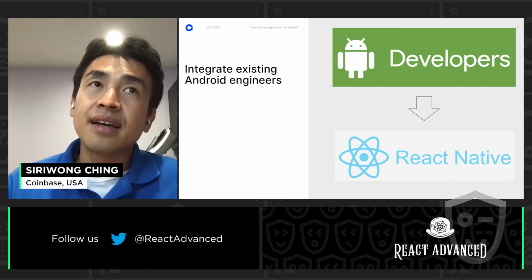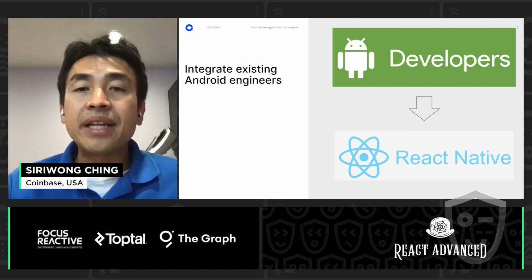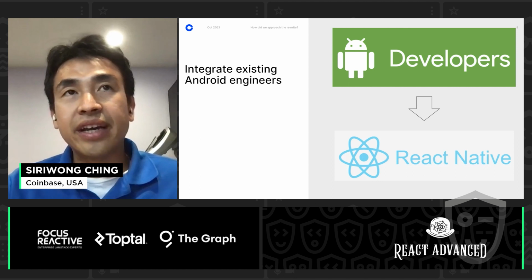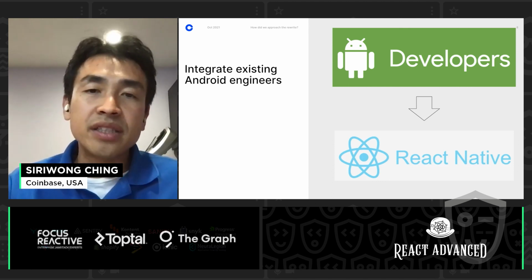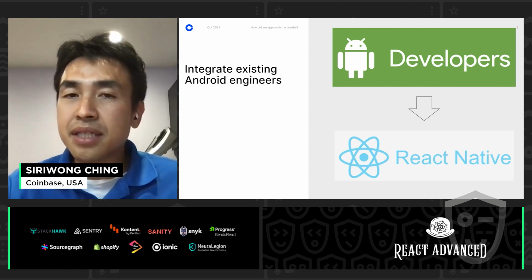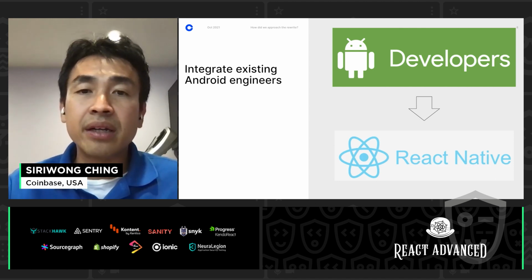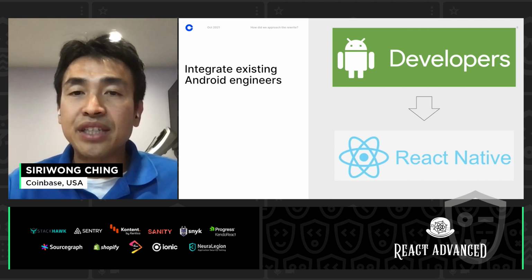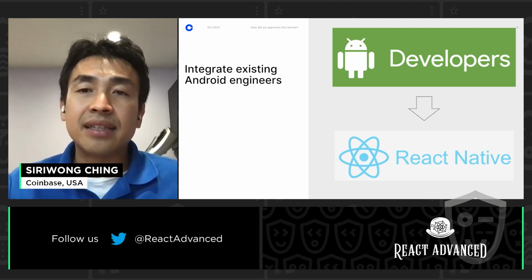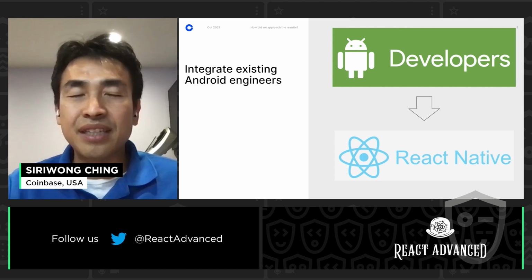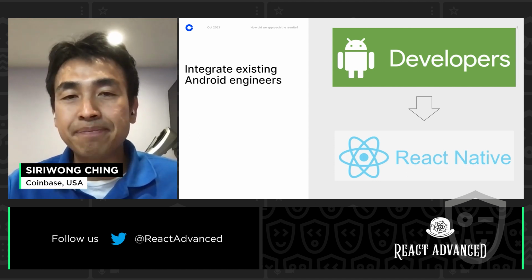Next is how we integrated the existing Android engineers. The original team was composed of 6 people, and then we brought in 2 Android engineers and trained them in React Native. They hadn't done any React Native or TypeScript before, so we trained them.